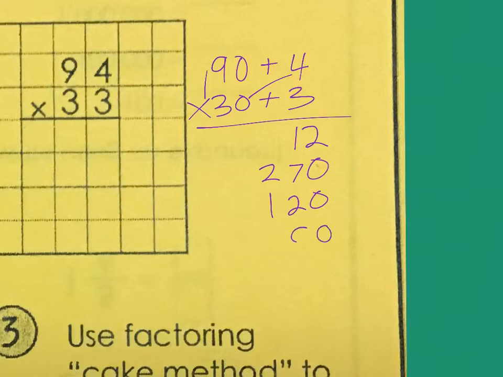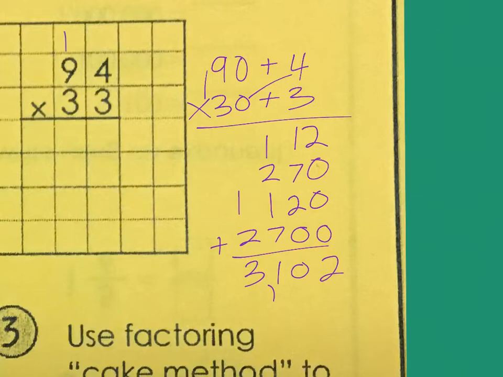So 2,700. Now, if we add all of these up, we get 3,120. Now, do you get the same answer when you do it the other way? Yeah, I'll show you.